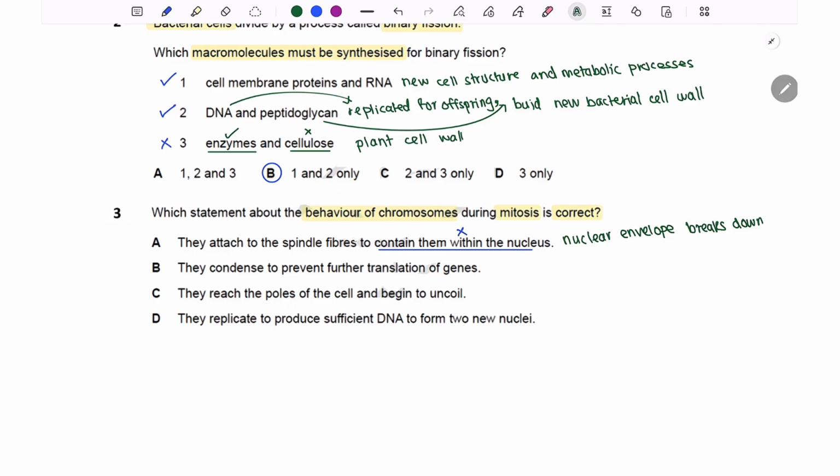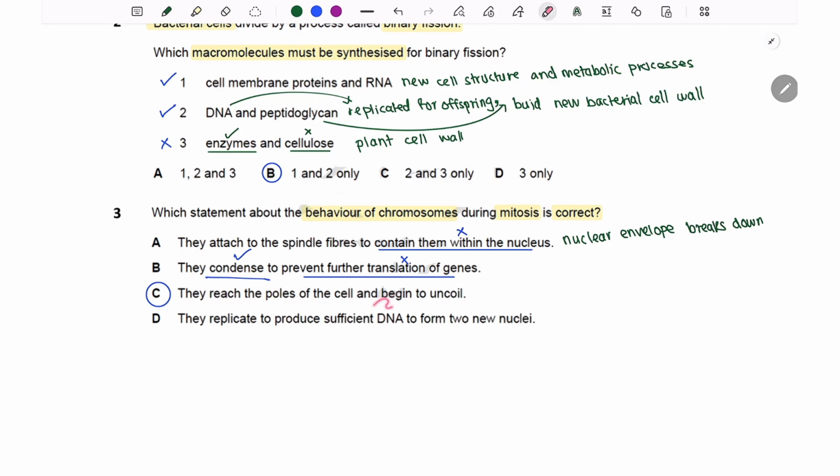B is they condense to prevent further translation of genes. So they do condense, but further translation of genes, that's not happening. C, they reach the poles of the cell and begin to uncoil. This is going to be our answer.